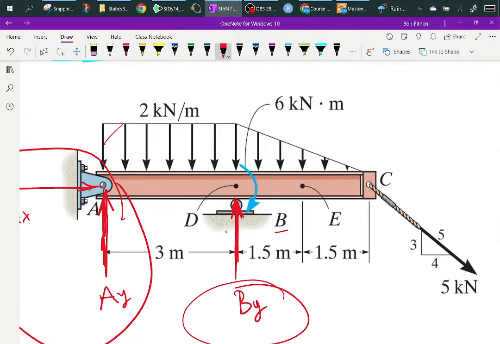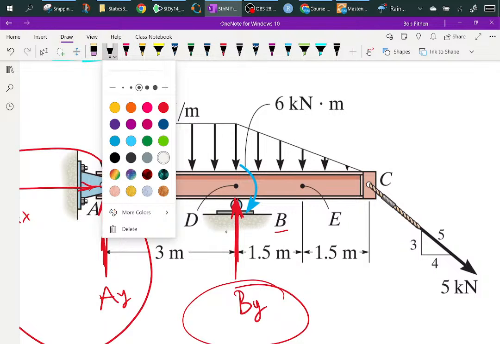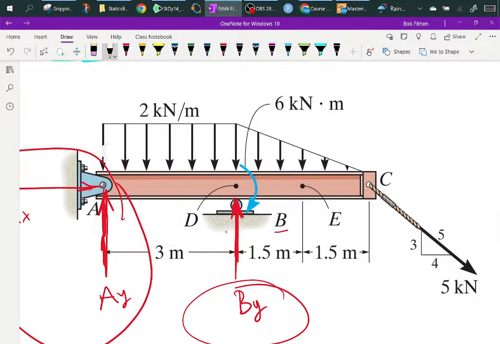So I'm going to take the area under this curve, which is 2 times 3, gives me 6. I'm going to do something bizarre, and I'm going to say that load is gone, except one load, that 2 times 3 is 6.